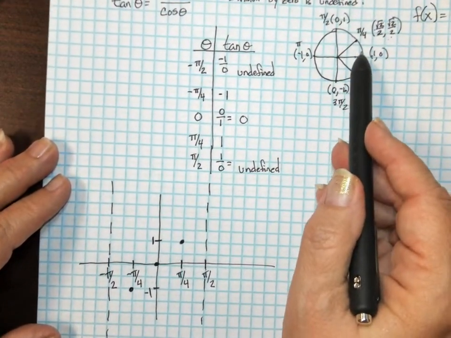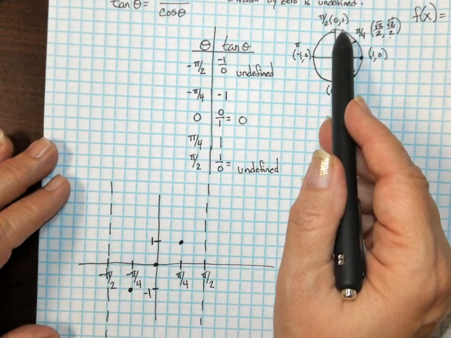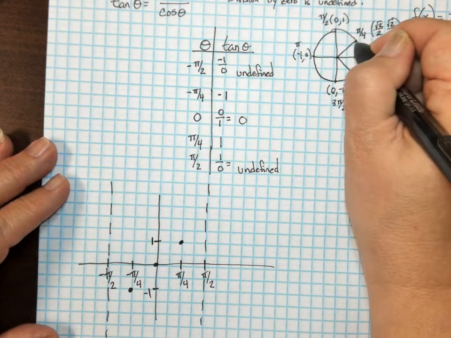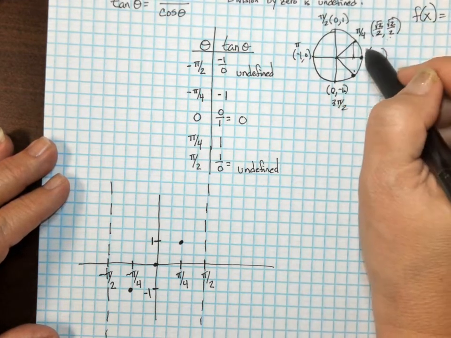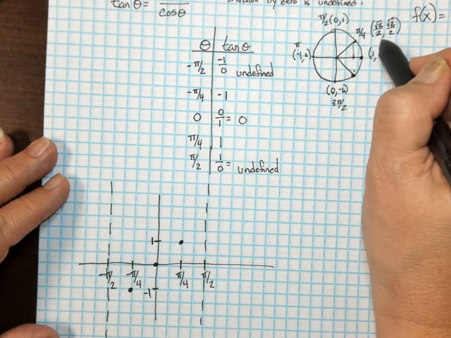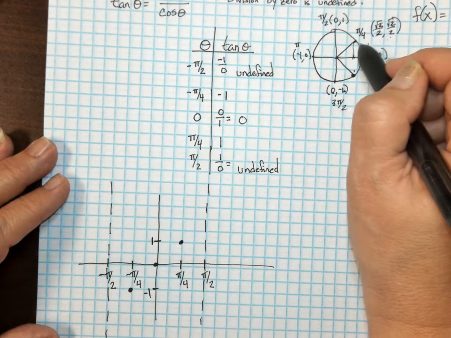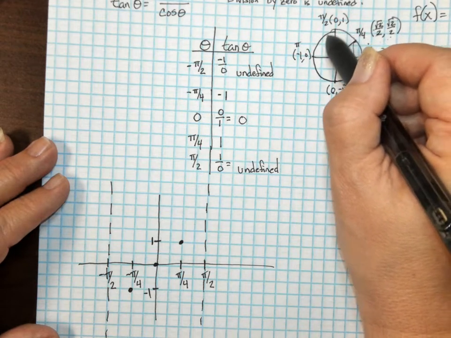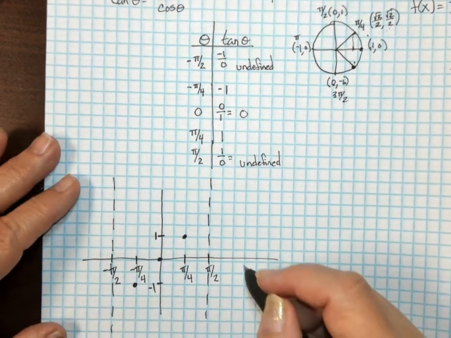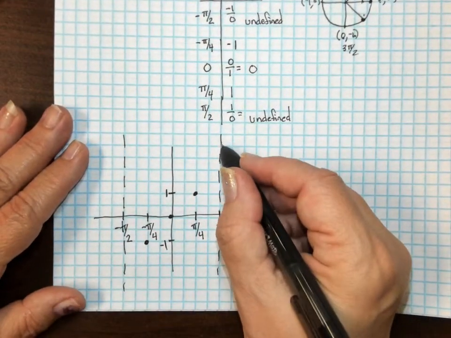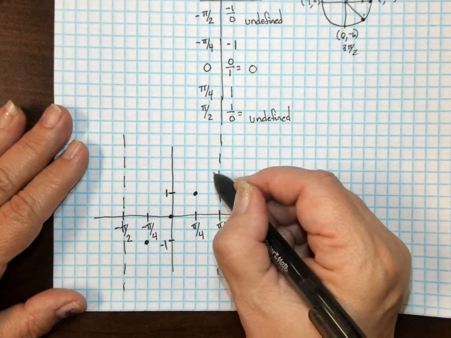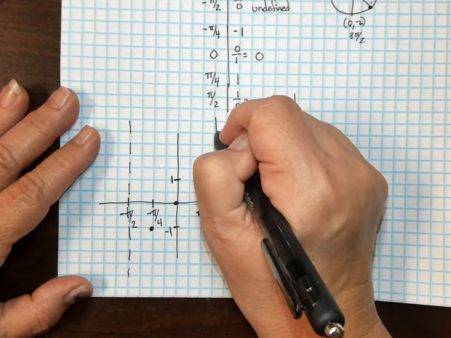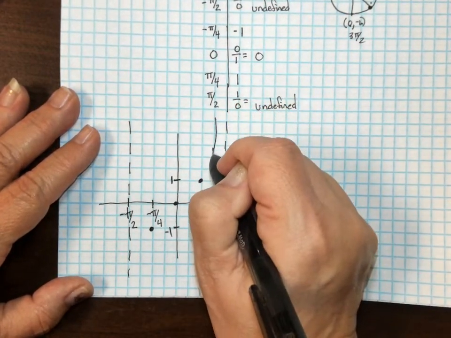But remember, these values, we're going around the unit circle, right? And the tangent is the ratio of the y value divided by the x value. That's not going to be constant, is it? I mean, we could go through and calculate them, but it's not constant. So and we know that our function has to approach these asymptotes. So our tangent function goes like this.